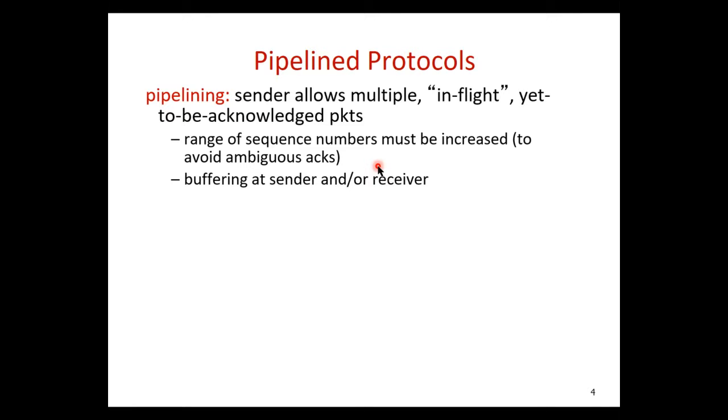But now, let's assume we send 4 packets before we wait for the ACK. If we only have 1 bit for the sequence number, one packet will be sequence 0, another will be 1, another 0 again.